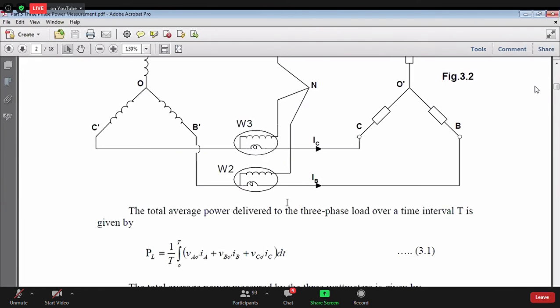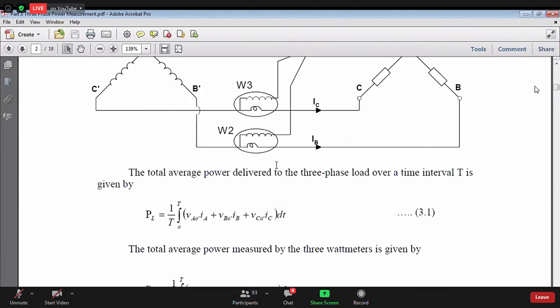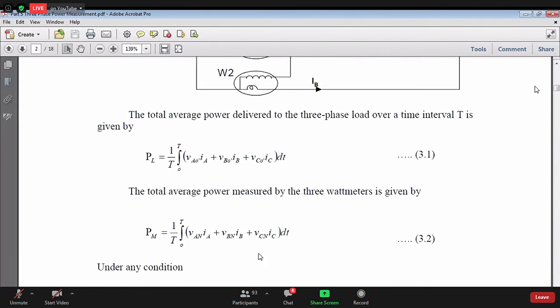Well, fine, this is the load power, but this is not the measured power. So naturally you can ask me what the measured power will be. I follow the same logic. Then the measured power is, I will integrate VAN multiplied by IA, VBN multiplied by IB, VCN multiplied by IC. So the measured power is AN into IA, BN into IB, CN into IC.